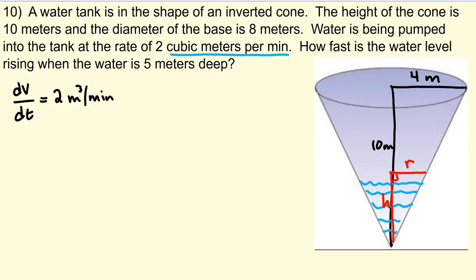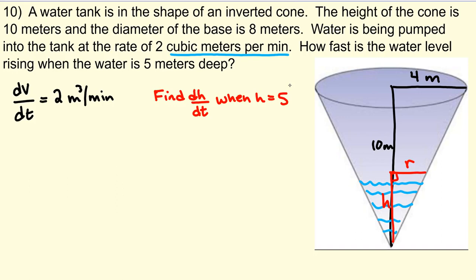So we are looking for dh/dt when h equals 5 meters. So we need an equation that relates the volume to the height, and then we can differentiate it and relate the rate of change of the volume to the rate of change of the height.